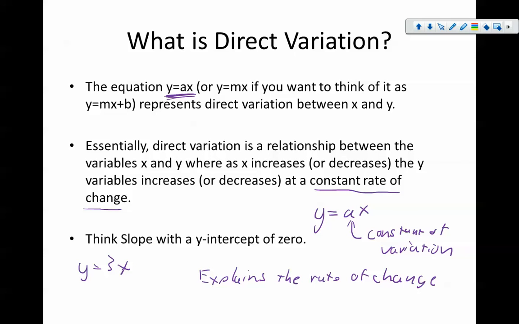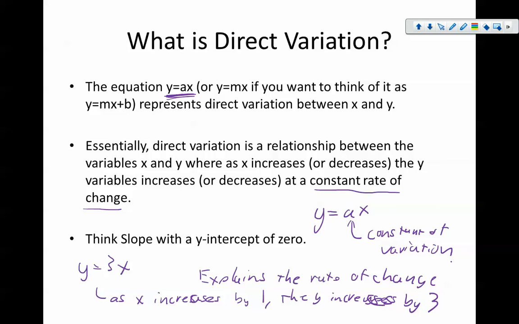we're saying that as the x increases by 1, the y increases by 3.